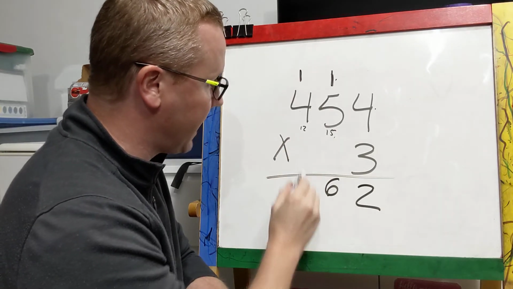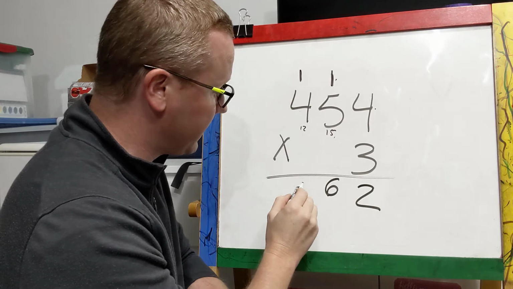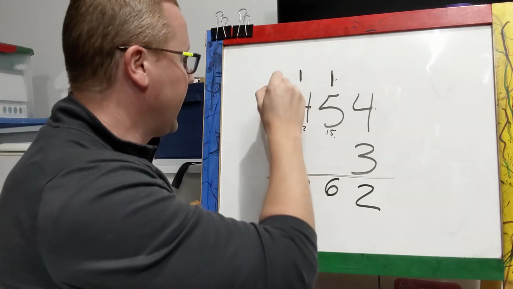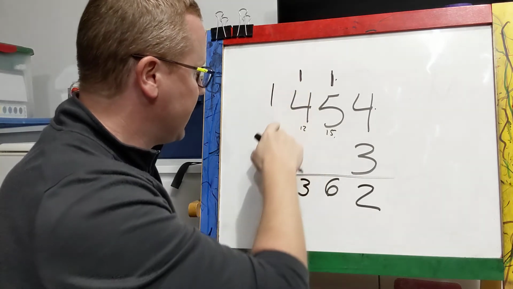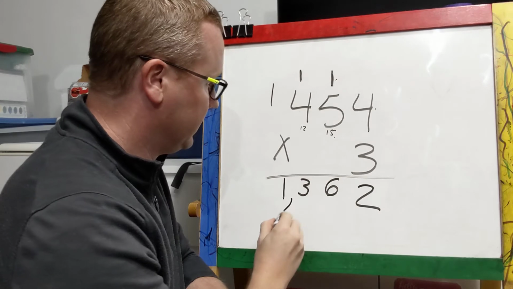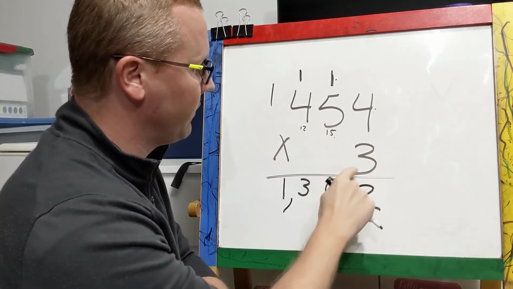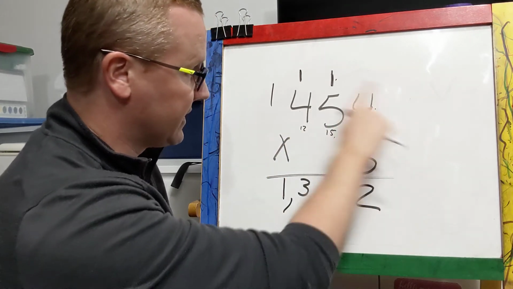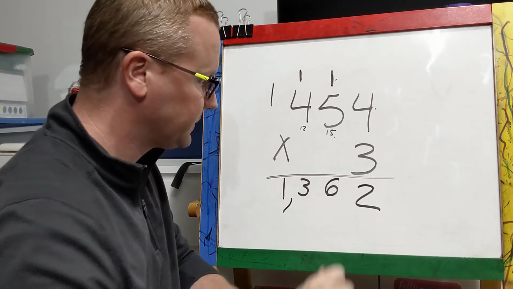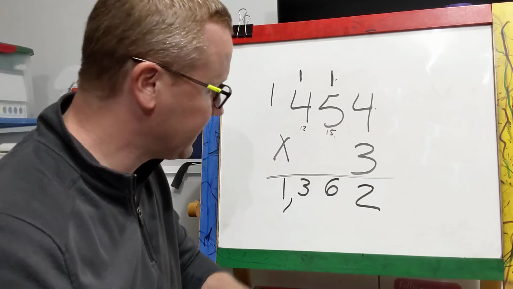But again, I have 13 hundreds. I can't write 13 in my 100 spot. I can write a 3, and if you look, there is nothing else. There's no thousands to add, so I can just add it down here. So 454 times 3, using the standard algorithm, is 1,362.